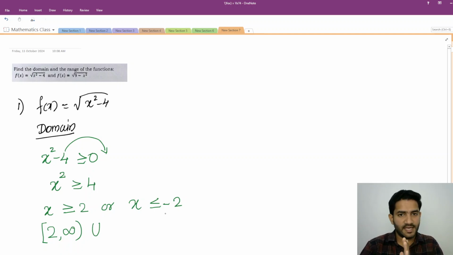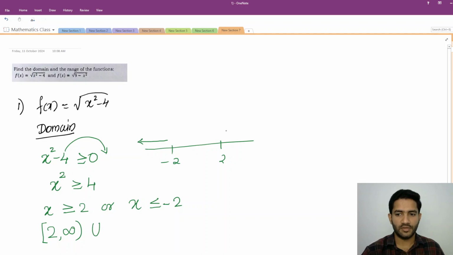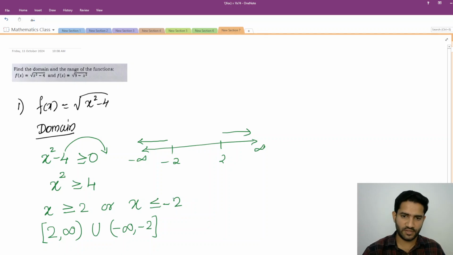If you have any confusion, we can draw the number line. Here we have minus 2 and 2. Less than means this portion. Greater than means this portion. So the union: here we have negative infinity, here positive infinity. So negative infinity to minus 2, closed. This is the domain of the function f of x equal to square root of x squared minus 4.